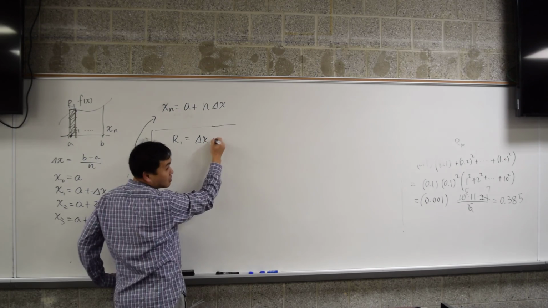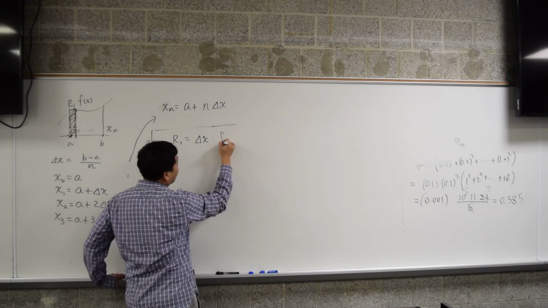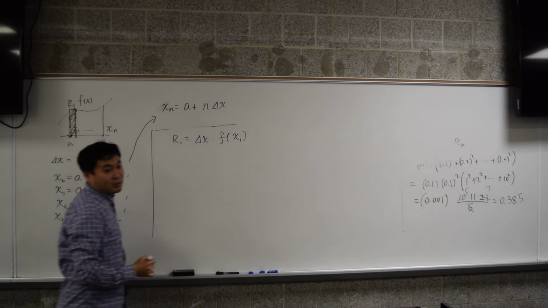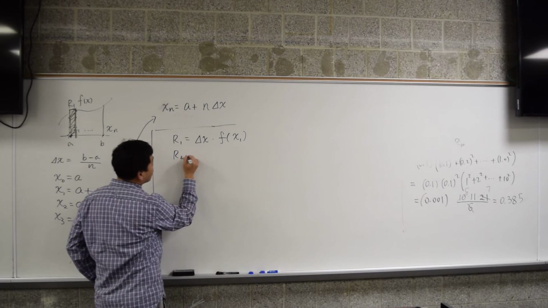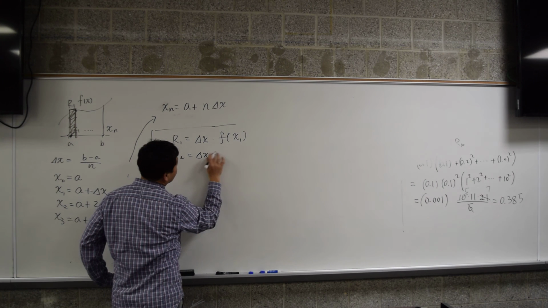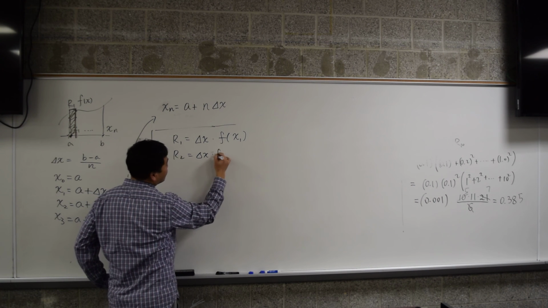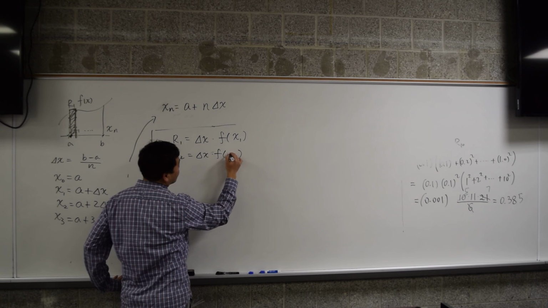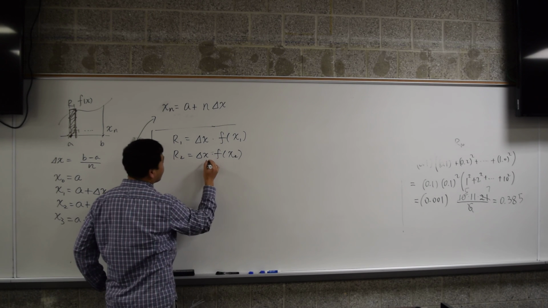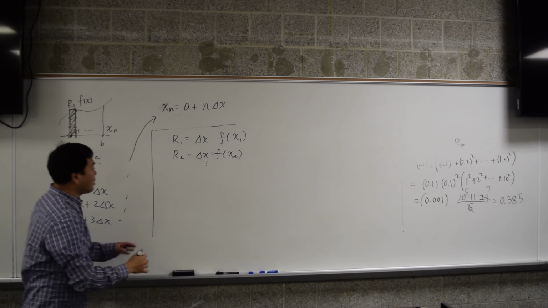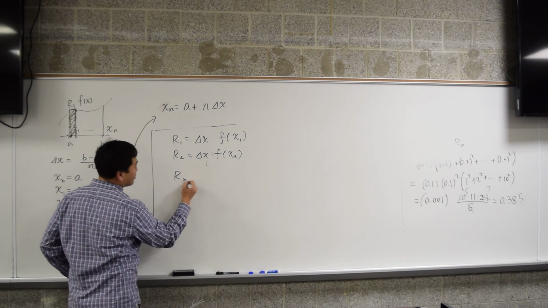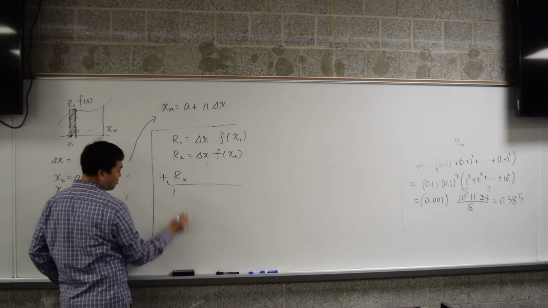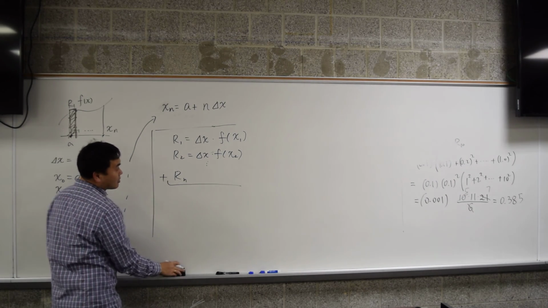Base length times f of x1. R2, delta x times f of x2. Okay? So then you add them up. Until Rn, you add them up, you get the approximate area, right? That's our plan.